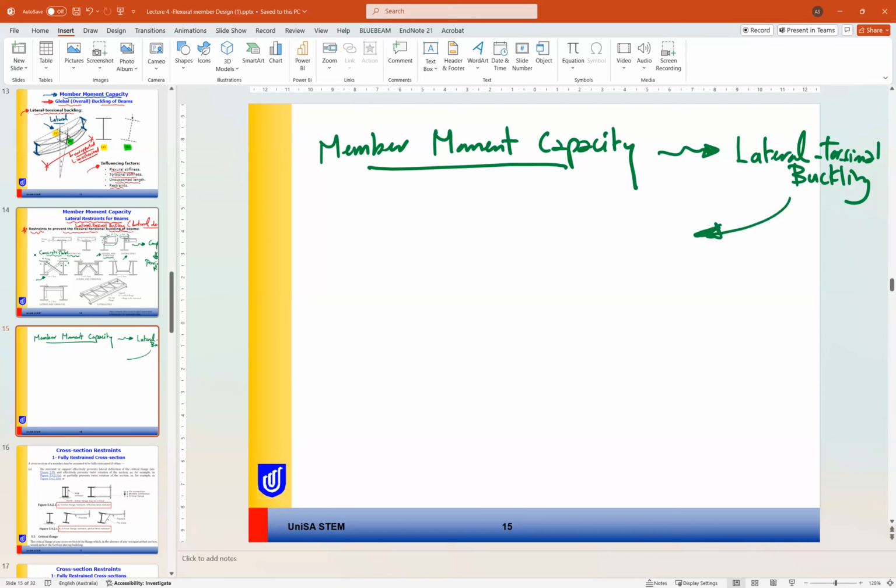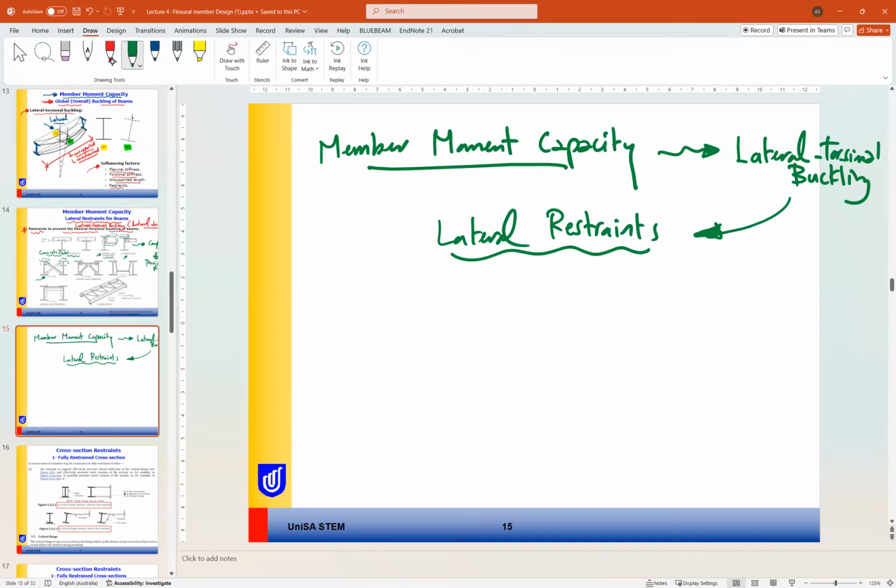And to prevent this or to provide some stability, we need to have lateral restraint. So the lateral restraints will affect our member capacity, so we need to consider the lateral restraint.